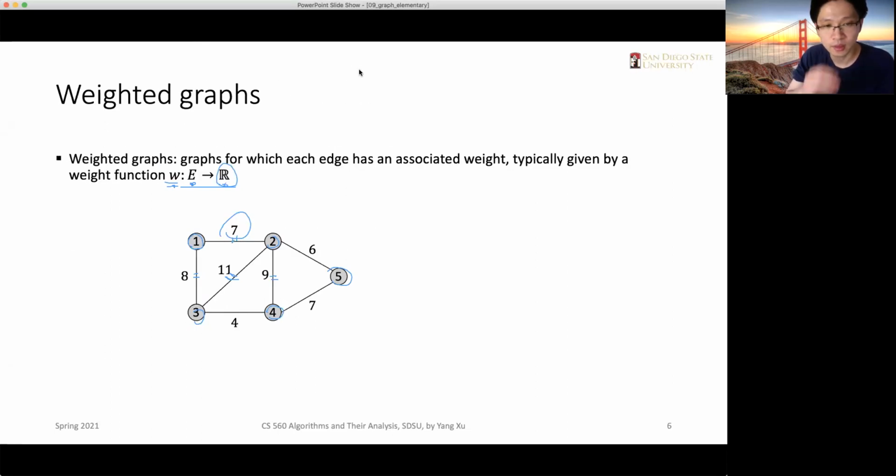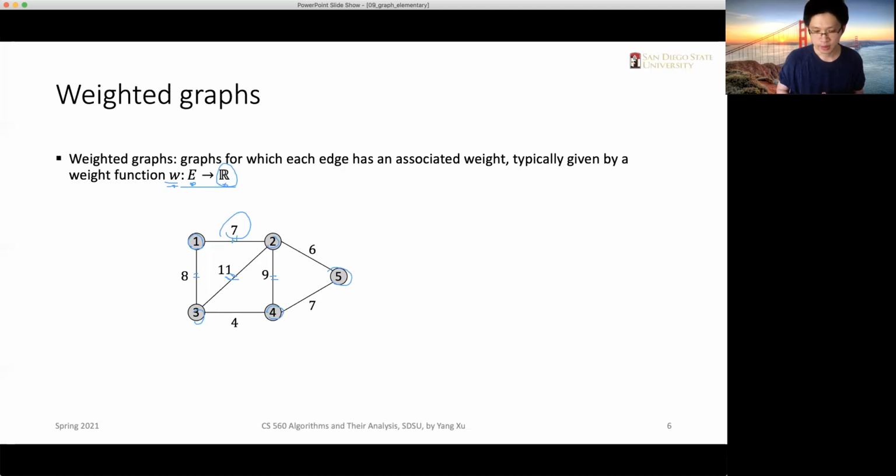Okay, and these weights can sometimes be not just integer numbers, but also float numbers, and even negative. Okay, that depends on what type of actual problem the graph data structure is describing, right?